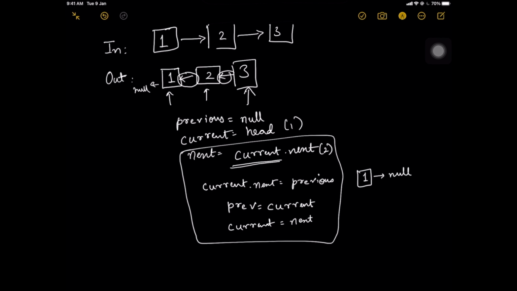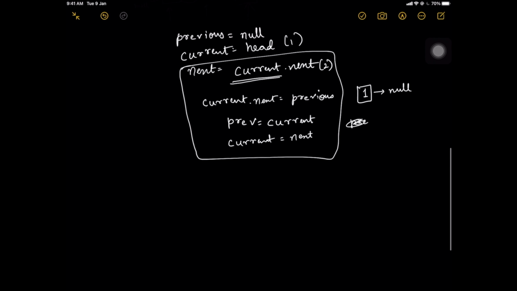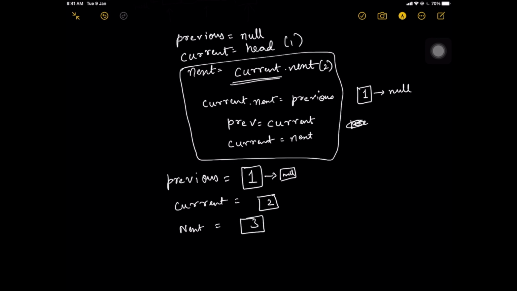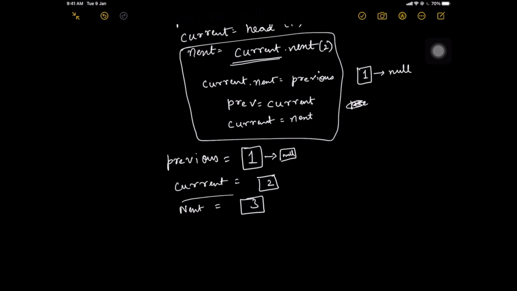And previous becomes current, so previous becomes 1, right? At 1 next is null. So now current becomes next, so current is 2, and next becomes 3, right?